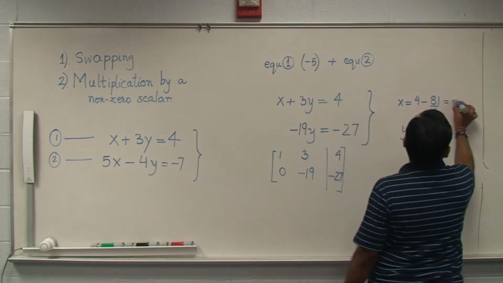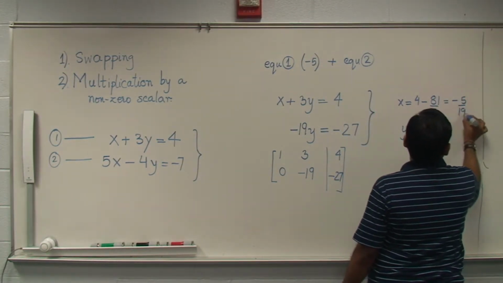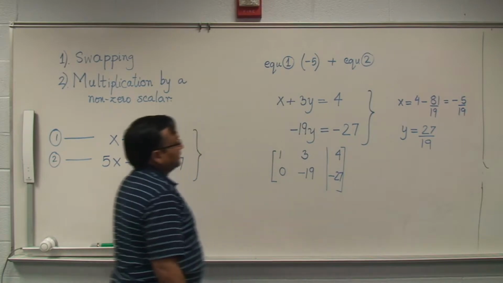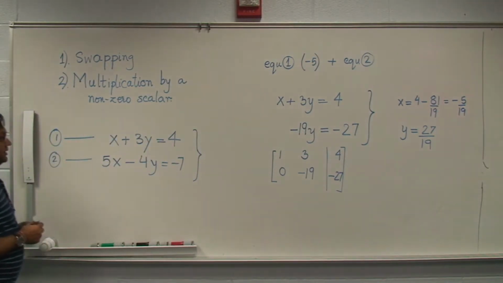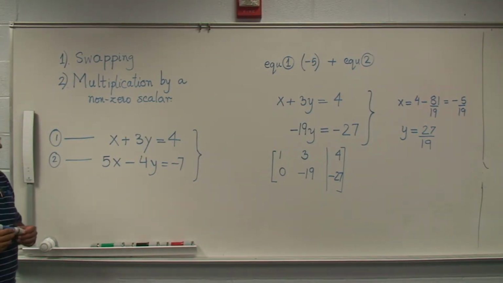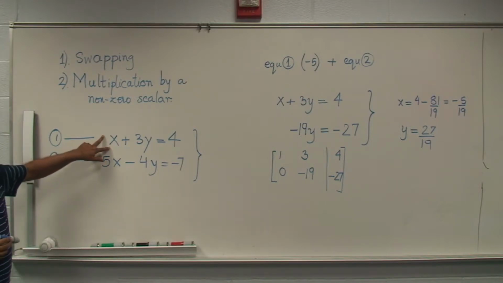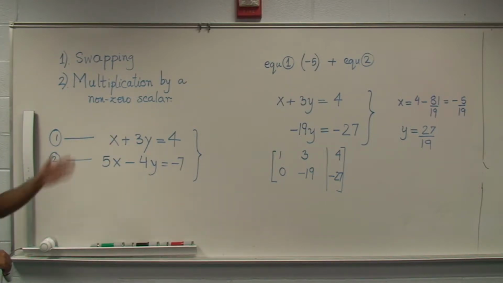So this would be minus 5 over 19. So x is minus 5 over 19, y is 27 over 19. If I use these two values of x and y, of course the first equation is the same as over there, so barring a calculation error, it should work.